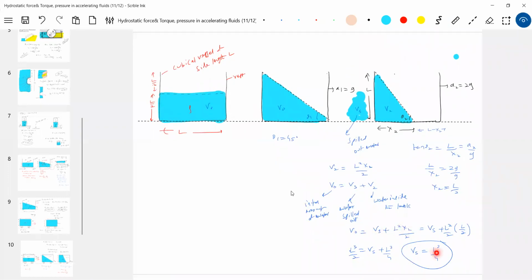If you know x2 and L, you'll get theta 2. From theta 2, you'll get the acceleration. Either way, if they give the spilled out volume, you can calculate theta 2, and from theta 2 the acceleration. If they give the acceleration, from acceleration you get theta 2, from theta 2 you get x2, and from x2 you get the spilled out volume.